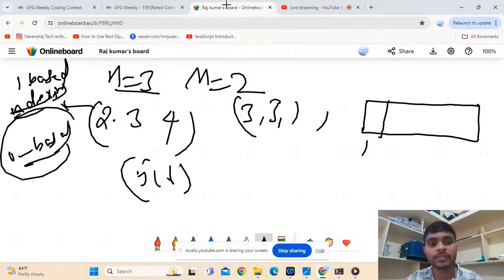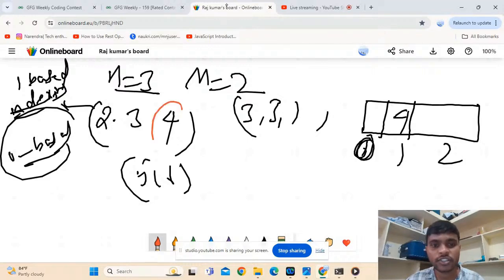So for 2 comma 3 comma 4, I have to take from index 0, 1, 2. So 1 to 2 means I am distributing 4 candies to each of these children. Candies means chocolates, let's assume.